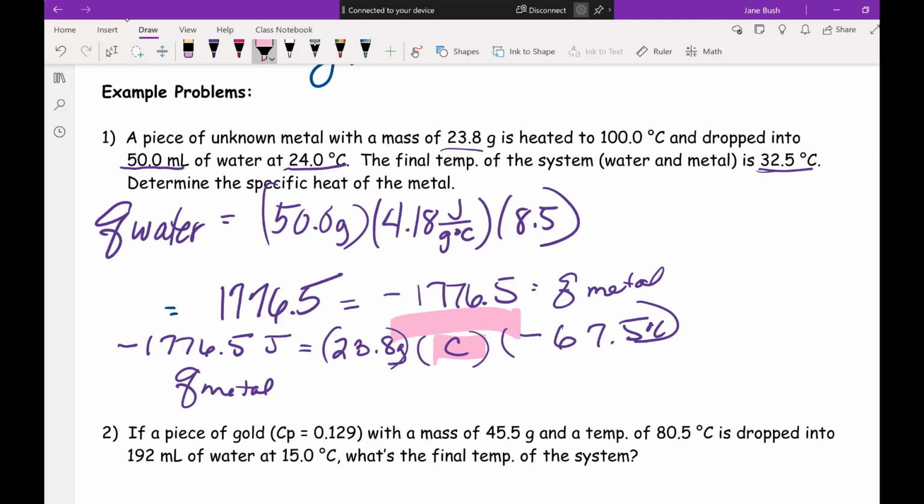So I'm going to take 23.8 times negative 67.5, and I get negative 1606.5 joules, times c, right? Okay. So how do I get c by itself?